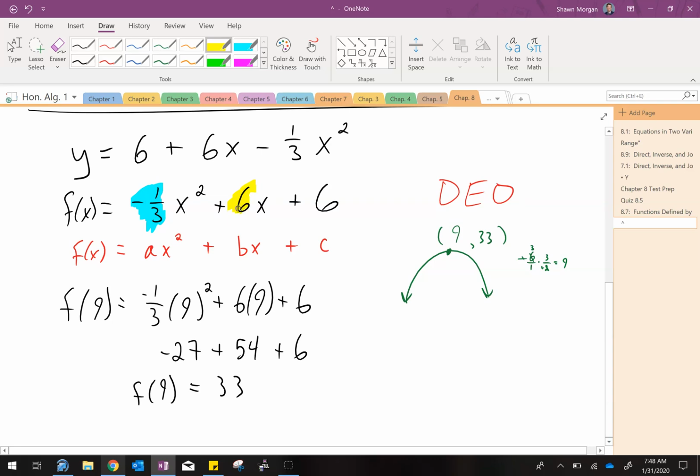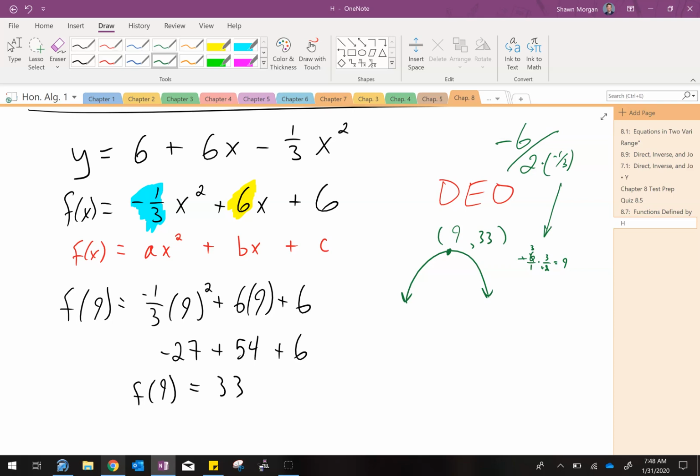And this is my B value. So that's where we were over here saying the opposite of B over 2 times A. The opposite of B over 2A. All right, and then we worked that out right there. Jacob was correct. He said, hey, flip the denominator and multiply, and we wound up getting our 9 as our value there.